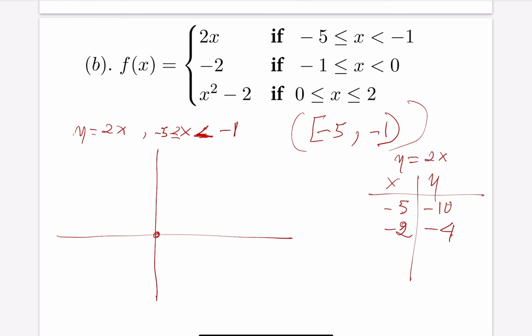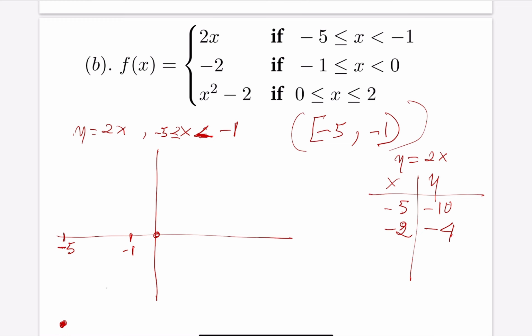So now you have 2 points from -5 to -1. If x equals -5, I have y equal to -10 somewhere here. If x equals -2, you have y equals -4, another point.